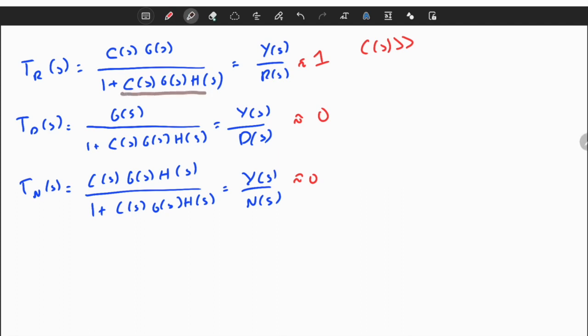If we take the technical approximation, TR of S will be approximately equal to C of S times G of S over C of S times H of S. In that respect, it will be equal to 1 over H of S.